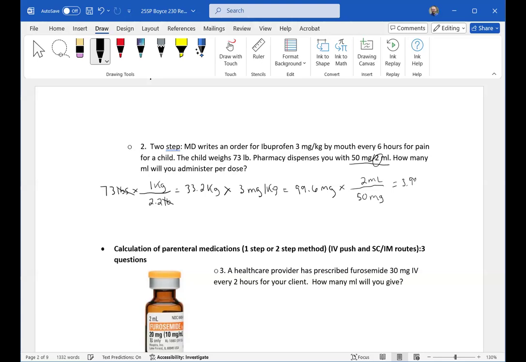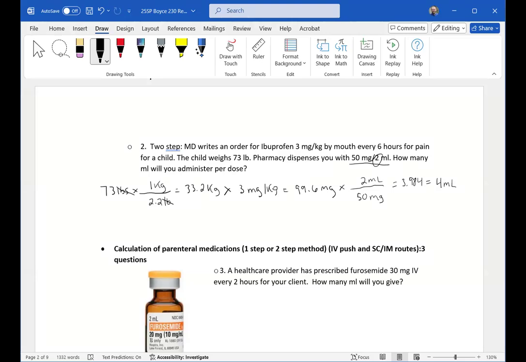Now, you're going to round to the nearest tenth, but when that number is 8 and this is 9, it bumps the whole number up to 4 milliliters. So you wouldn't leave it at 3.9. You will round it up to the whole number because the next number after 9 is 10, right?